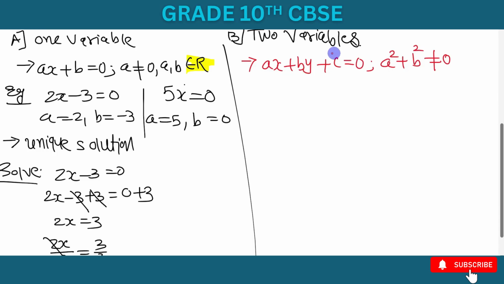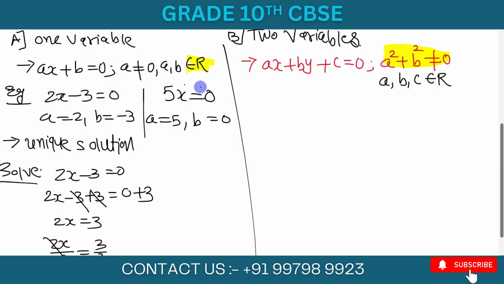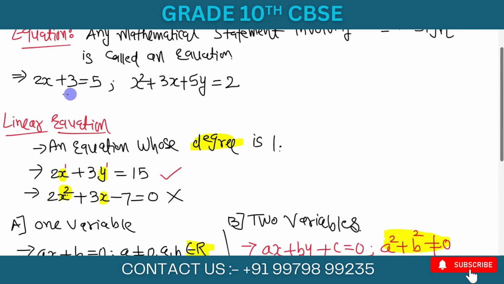Either a will be 0 or b will be 0, but both simultaneously cannot be 0, because if both are 0, then a square plus b square will be equal to 0. But if any one is 0 and the other is non-zero, then automatically this condition will be satisfied. So the actual meaning is that a and b simultaneously cannot be 0, and a, b, c are members of real numbers.